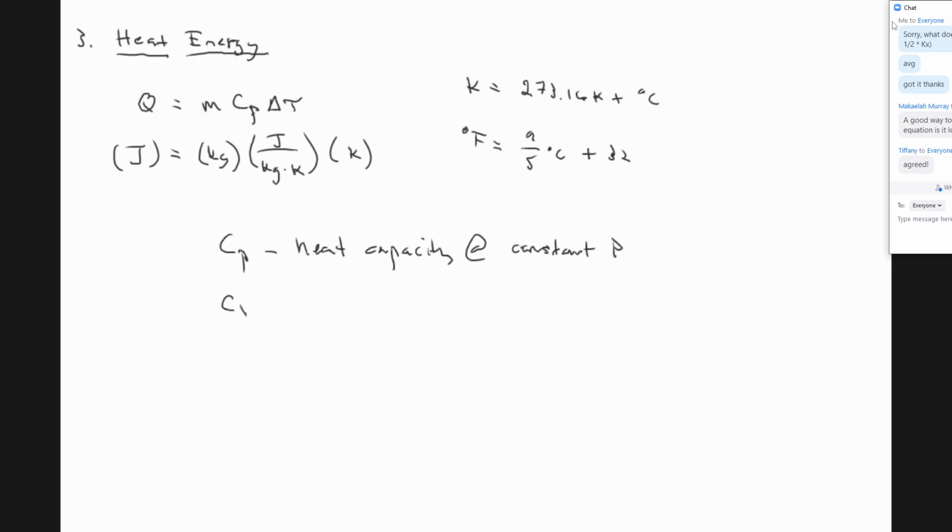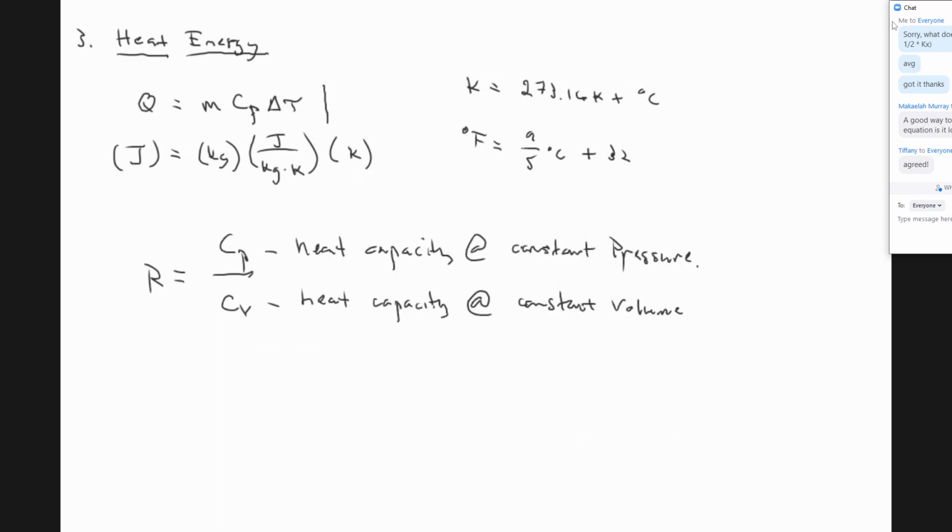When we talk about thermo, you're also going to have heat capacity at constant volume. So that's what subscript P stands for and subscript V stands for. And if you take Cp over Cv, that's related to your universal gas constant, R. But we'll get into that when we get to thermo.